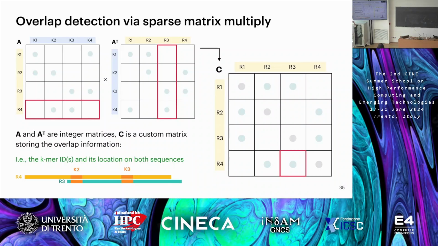So it's telling you how many k-mers they share and in which position on both reads. So now in C, we do not only store that they share something, but we store that they share K2 and K3, and in these positions, so we have the actual orientation of the reads. Does this make sense for everybody? I think semirings are very cool.